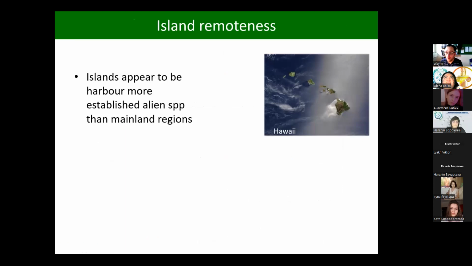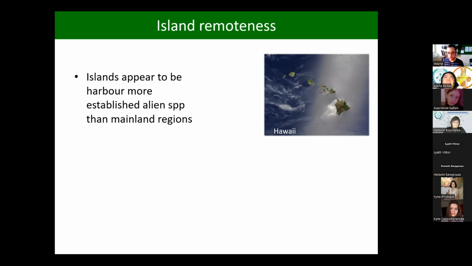So the next thing I want to focus on is this idea of island remoteness again. We talked a bit about the role that islands play, or rather the fact that they tend to be a hotspot for invasion of different taxonomic groups. We've seen that they tend to harbour more established species than mainland regions. But there's also a potential effect of remoteness.